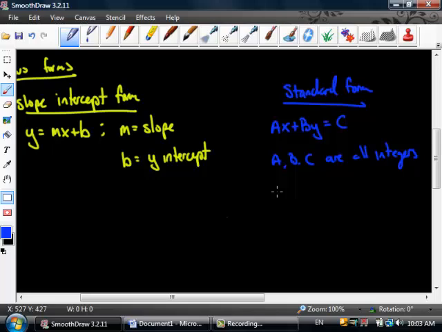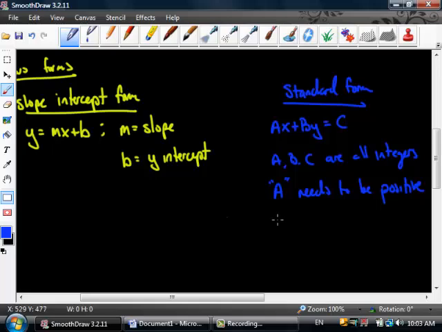The other thing is, and this tends to vary from book to book for some reason, but in this particular book, and the way I'm going to quiz you, the a term needs to be positive. So you can't have negative 3x plus 7y equals 13. Can't have that, at least not in this book.